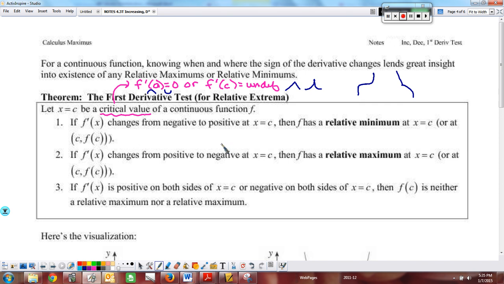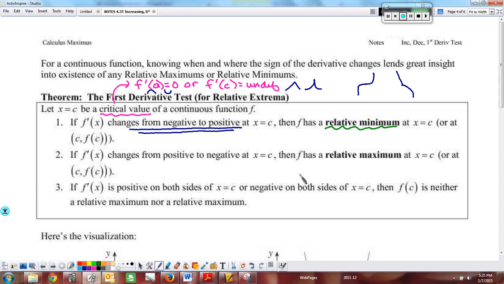And then what we need to do, the test, is show that the derivative changes signs, that it changes from negative to positive: the slope before the critical value is negative, the slope after the critical value is positive, and if I can show that, then I have a relative minimum.